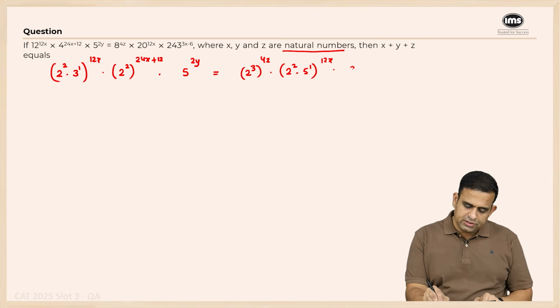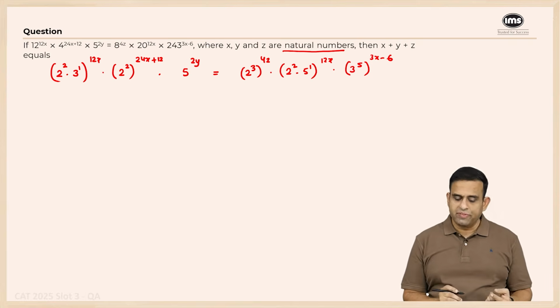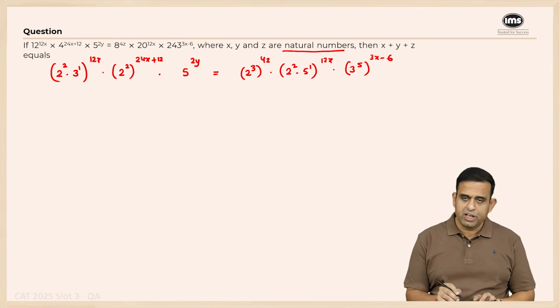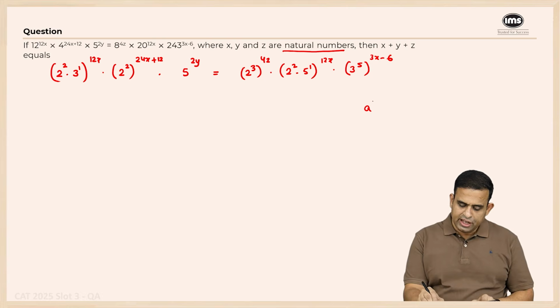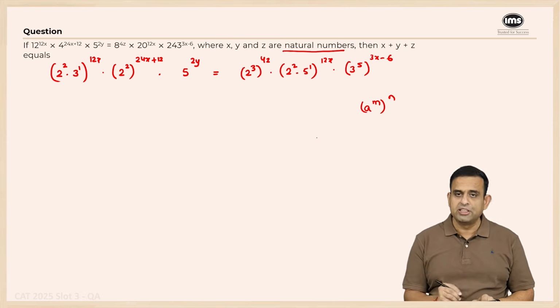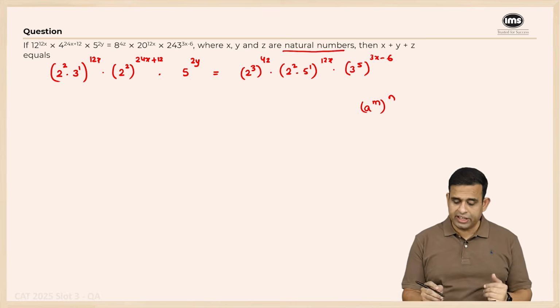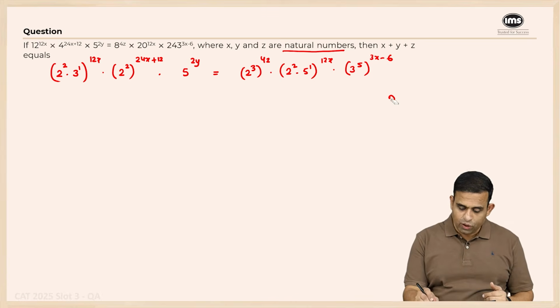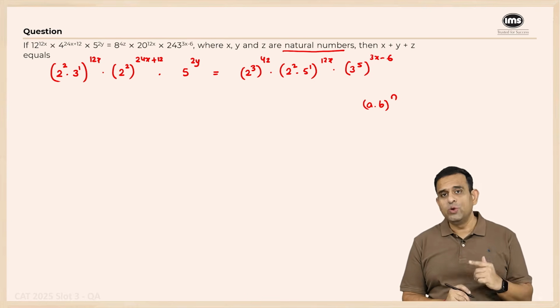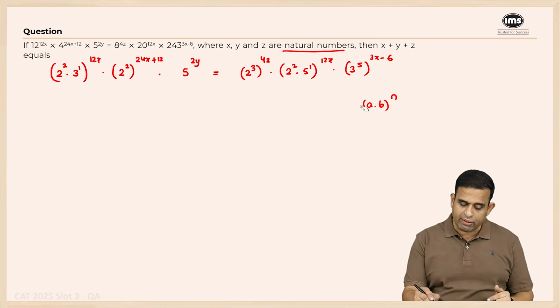And 243 is 3 power 5. Let's now simplify. If I know this property, a raised to m whole raised to n, it simply will be a power m times n. I will use this property very often here. Even if you have a into b whole raised to n, this will be a power n into b power n. This too I will use multiple times.